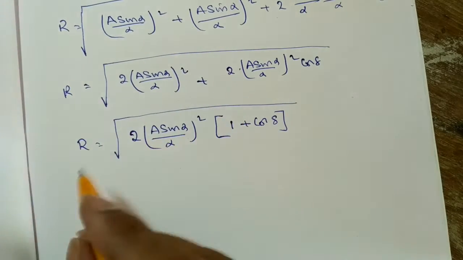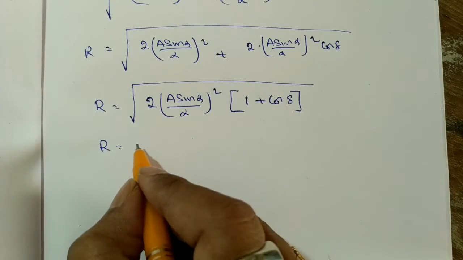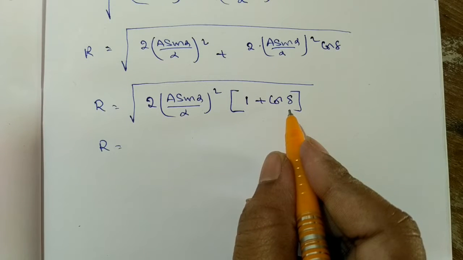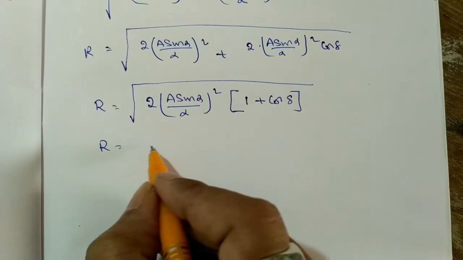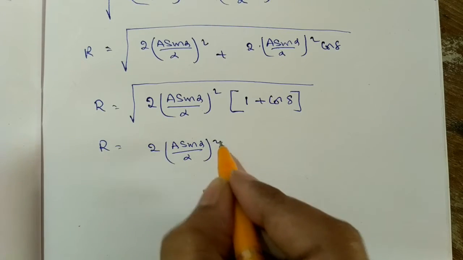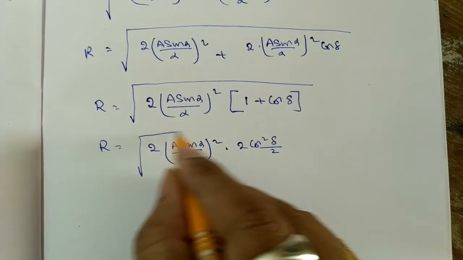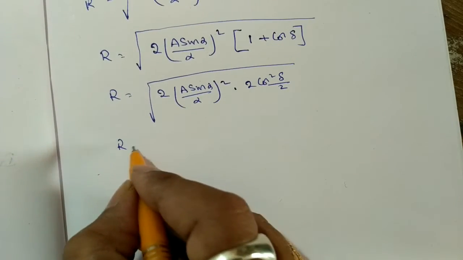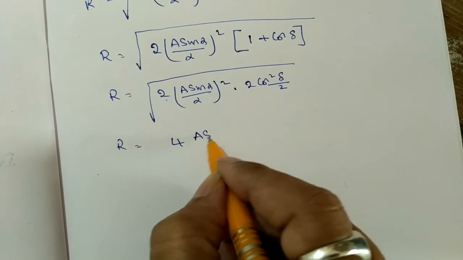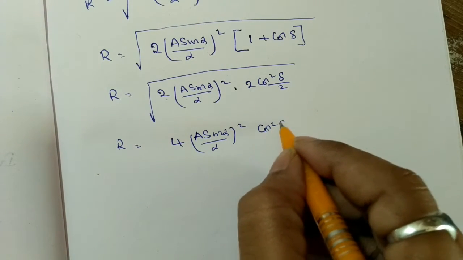Now 1 plus cos delta means 2 cos square delta by 2. So R is equal to root over 4 (a sin alpha by alpha) square cos square delta by 2.